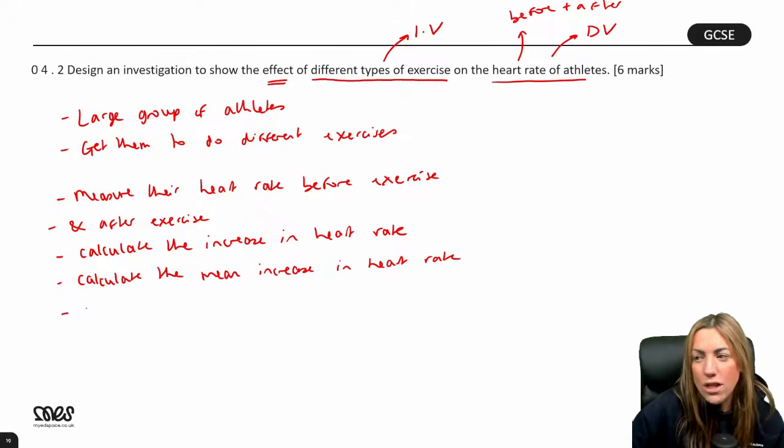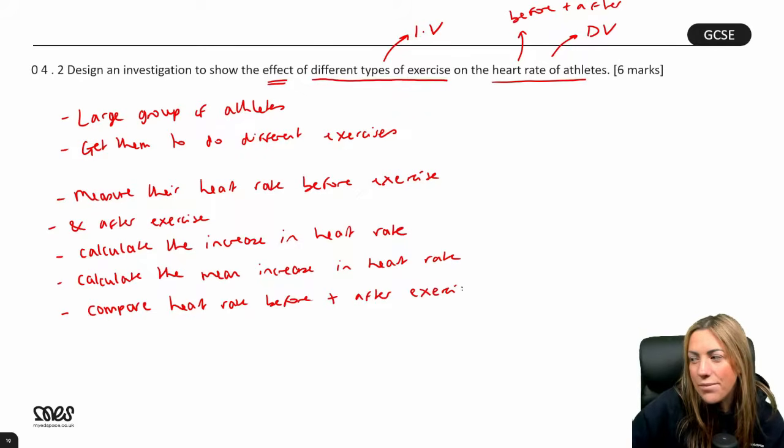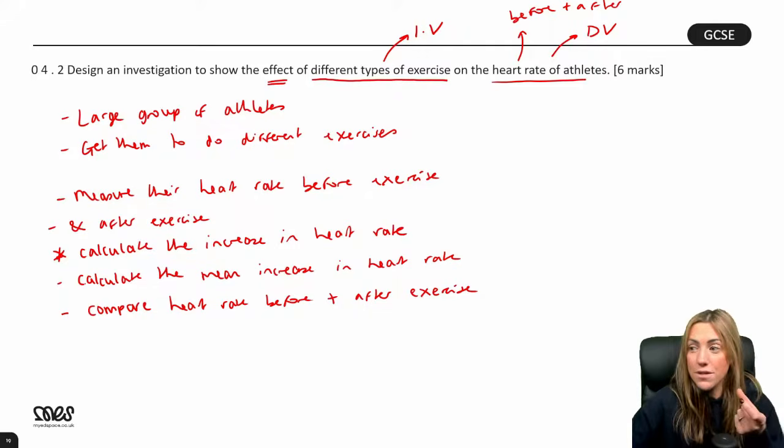Or you could, if you're not calculating the increase in heart rate, you could say things like compare heart rate before and after exercise. So we're just trying to make it clear. You're either going to have to work out the difference between the 2 heart rates before and after, or at least say compare their heart rates before and after exercise.